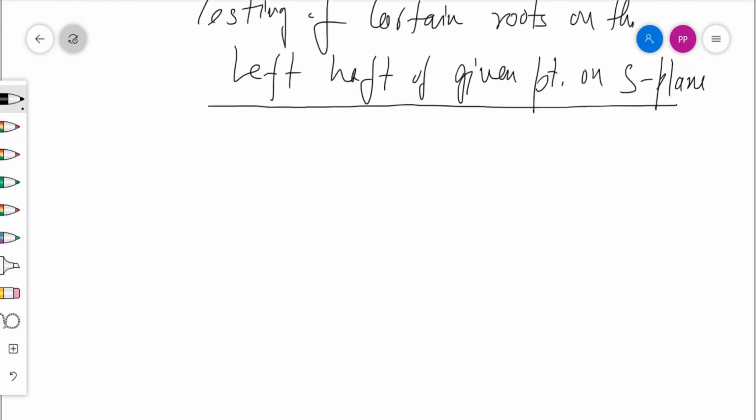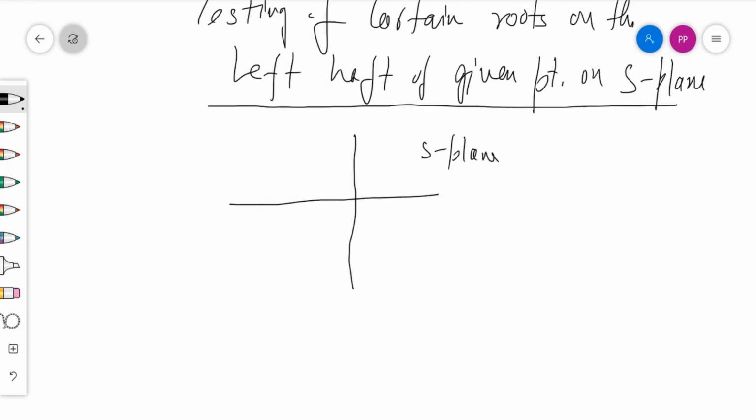So if I tell you to check, say this is the S-plane, whether certain roots are on the left of a certain point, say -1, what we have to do is define a new plane in which we push the origin to -1.